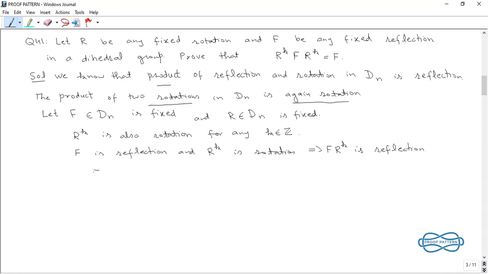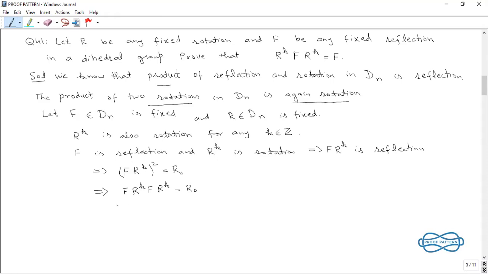This means the square of this reflection is the identity element. We know that every reflection has order 2, meaning whenever we square any reflection we get the identity. This can be written as f r^k f r^k is equal to r naught.